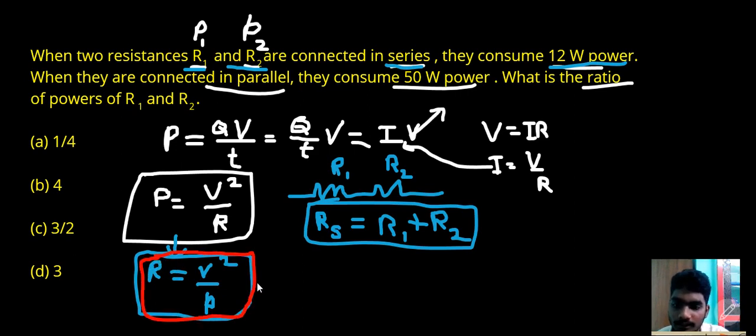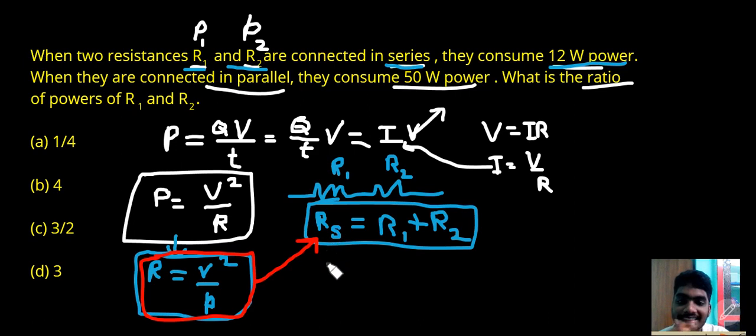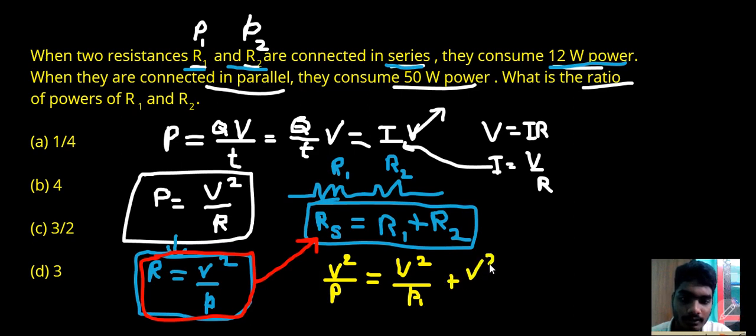By substituting this, the resultant power when it is in series is going to be V square by P resultant. P resultant is equal to, in the first situation, V square by P1 plus V square by P2.